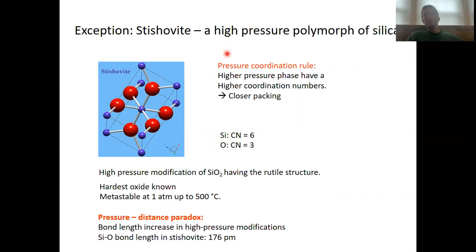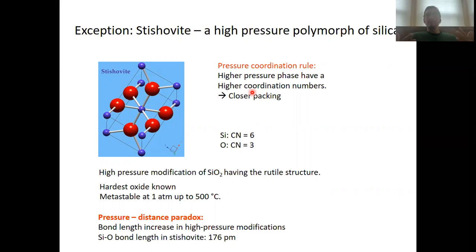So why does Stishovite have higher coordination numbers for silicon and oxygen? It's because it's a high pressure polymorph, so it exists actually only above pressures of 12 gigapascals. And high pressure tends to favor denser phases, okay?